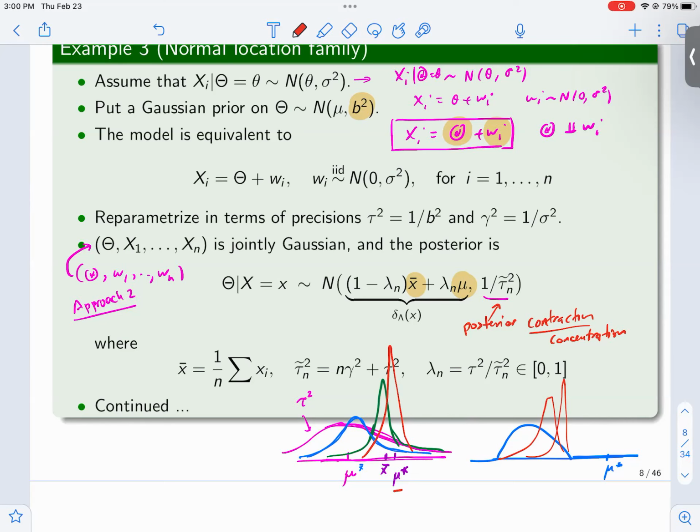The precision just adds up: the precision of the prior plus the precision of every bit of data that you get. If IID, each one brings this much precision, so your precision just linearly adds up. But why in terms of the variance it looks harmonic, it's not exactly a harmonic mean, there's a factor of 2 missing. I don't have a good answer there.